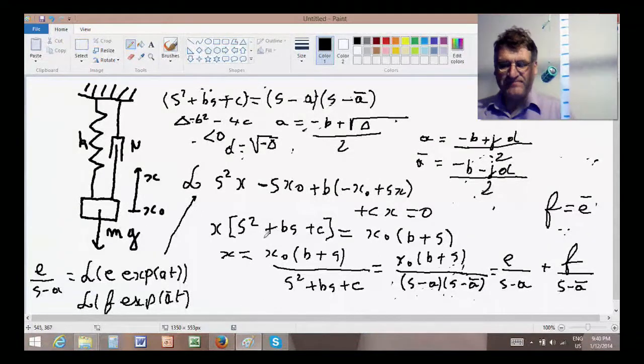In such a way that the sum of these two terms will be the Laplace transform of the sum of these two terms.